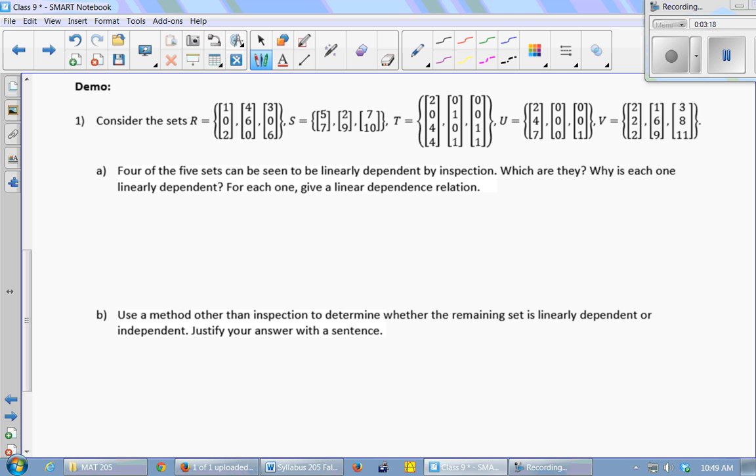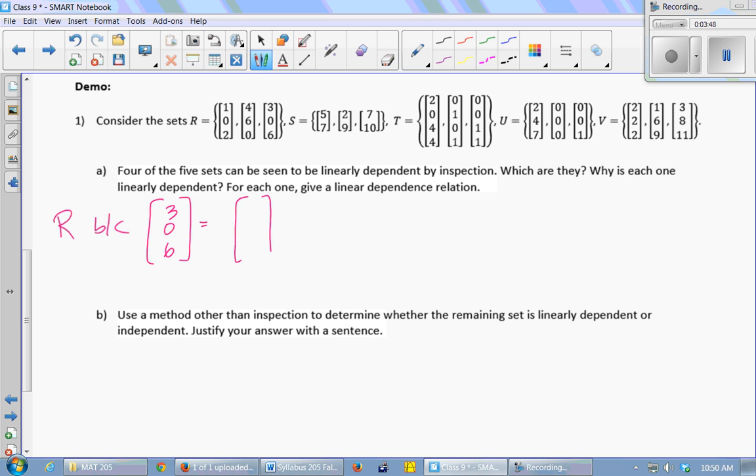So the first one is, oh yeah, explain the first one. Why is that? Because yeah. R is linear, that set of vectors is linearly dependent because I can write 3, 0, 6 as a linear combination of the other 2 vectors, right?